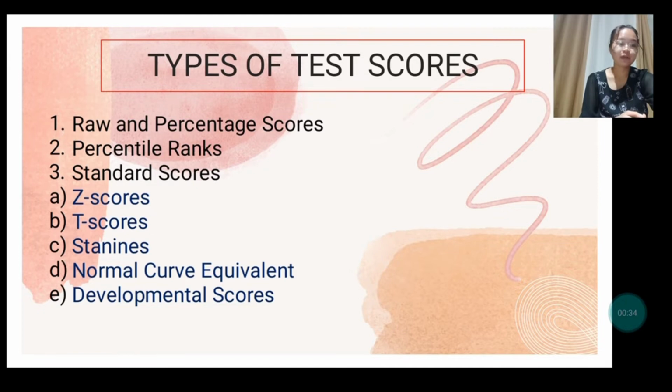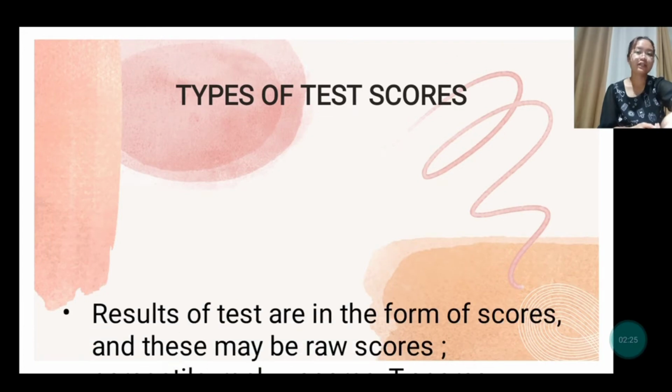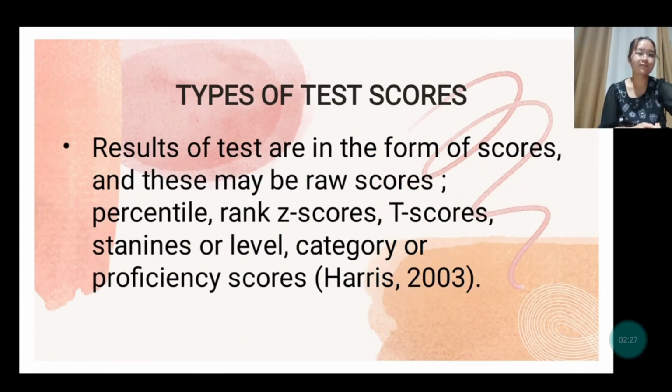Later on, we will get to know these types of test scores. According to Harris in 2003, results of tests are in the form of scores, and these may be raw scores, percentile rank, z-scores, t-scores, stanines, or level, category, or proficiency scores.